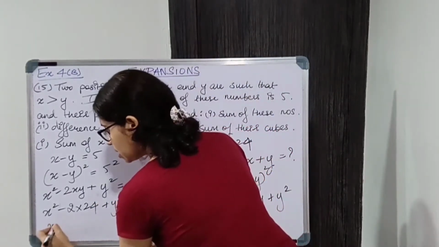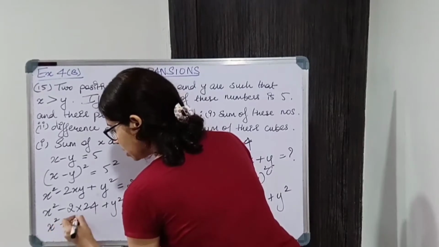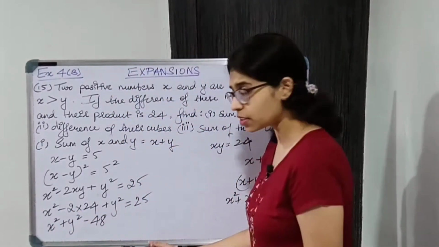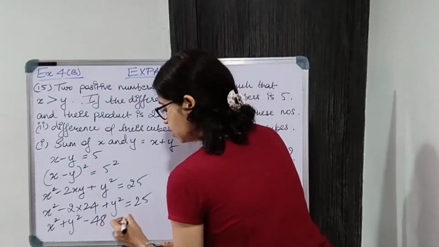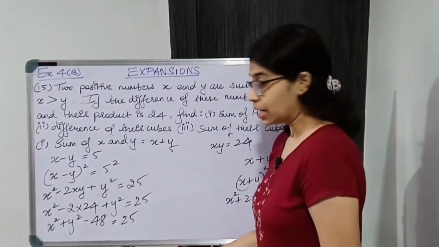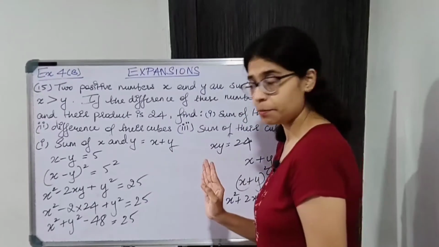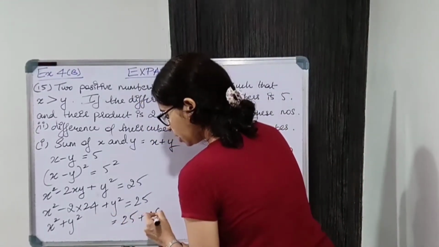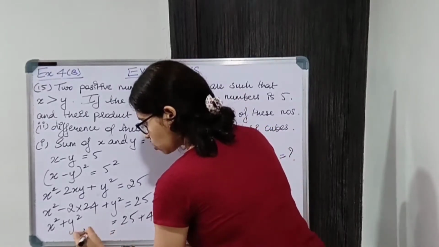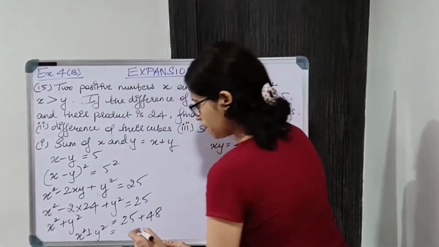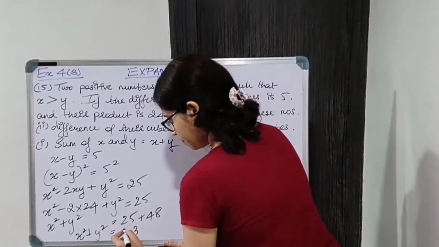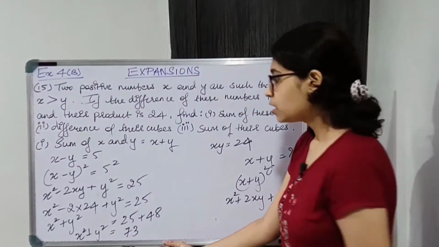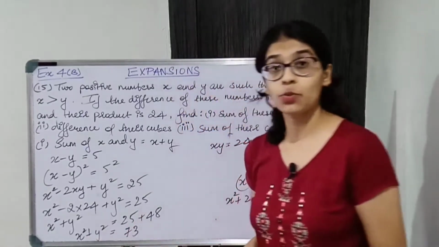So this is x square plus y square minus 48. I shifted this on the other side, is equal to 25. Now I'll shift 48 on the other side. Okay, so in next step this will get shifted, so it will become plus 48. So x square plus y square will become 73. Okay, so we got value of x square plus y square.